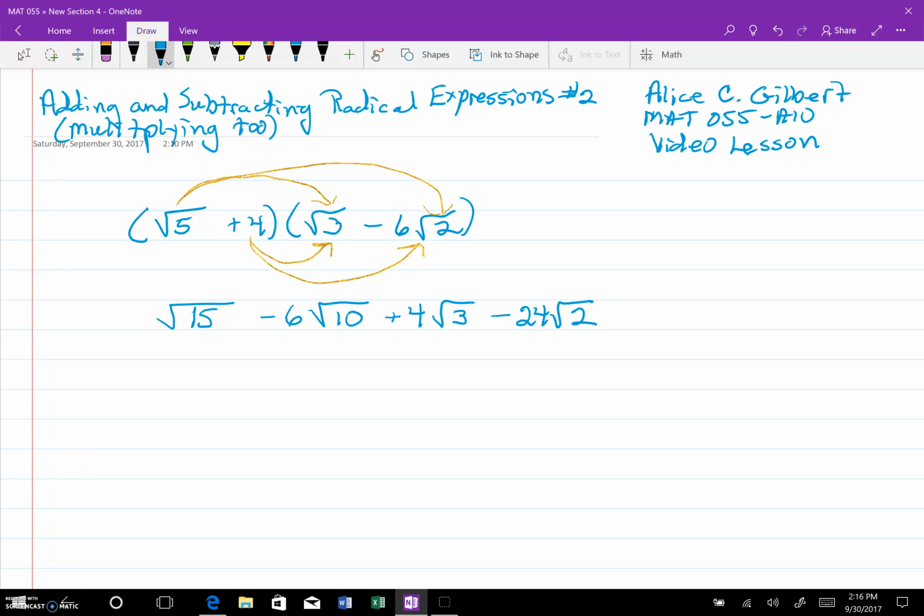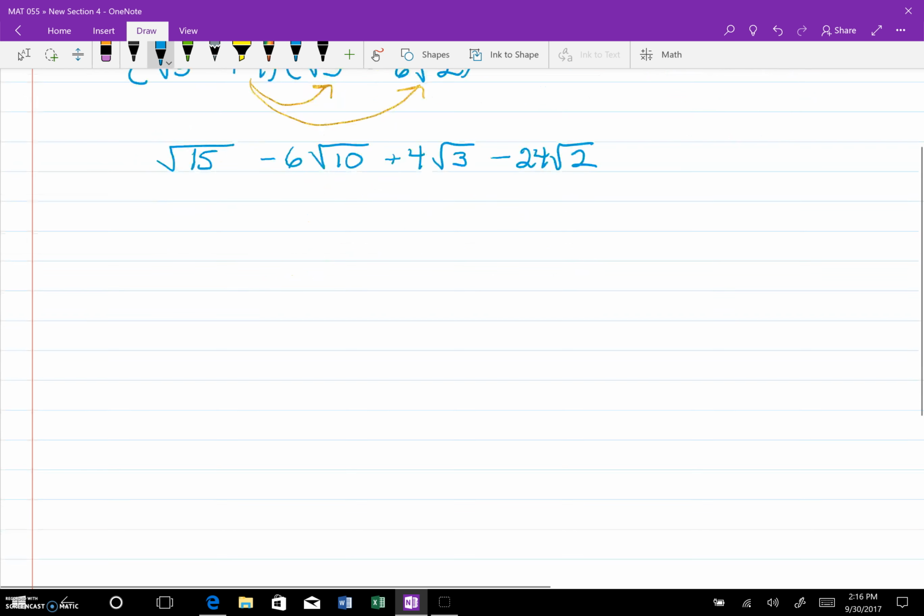Now I need to see if there's anything I can combine. Well, they're all square roots, but I can't reduce the square root of 15. I can't reduce the square root of 10. I can't reduce the square root of 3, and I can't reduce the square root of 2. So this is my final answer. That's as much as we can do.